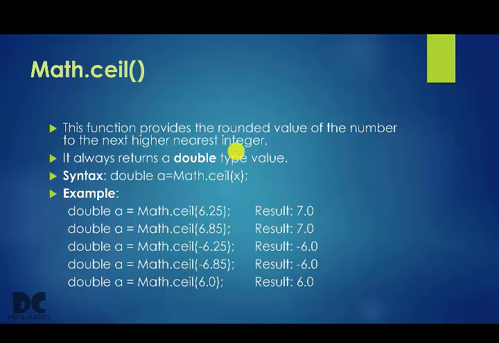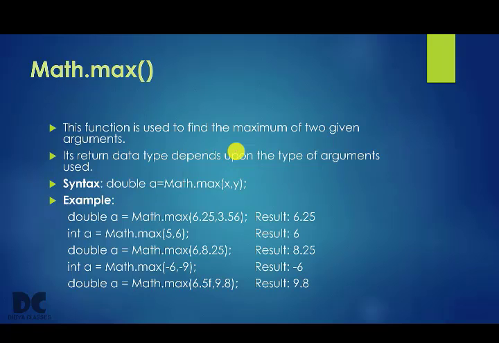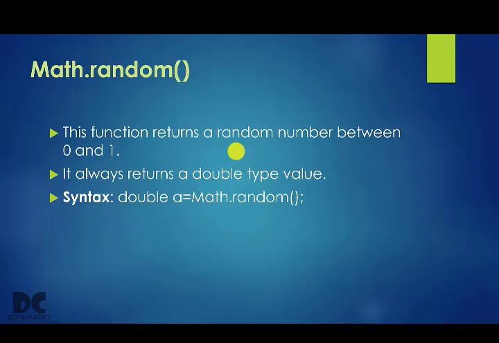Next is Math.ceil. Next is Math.round. Next is Math.max. Next is Math.min. And the last one is Math.random.